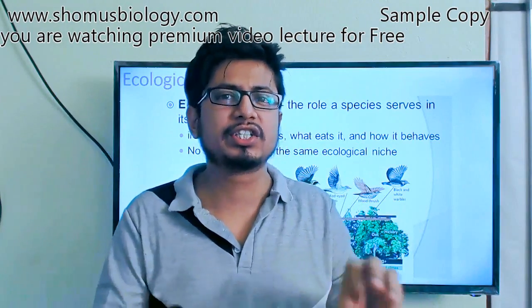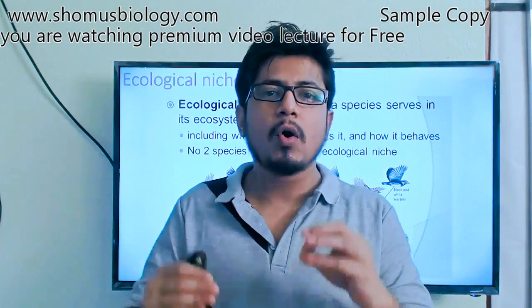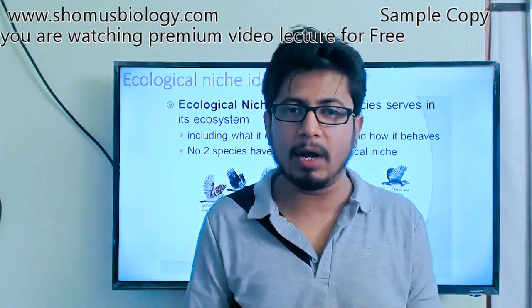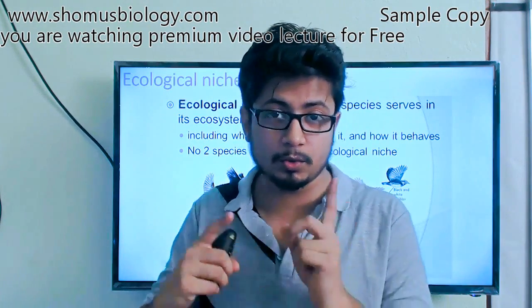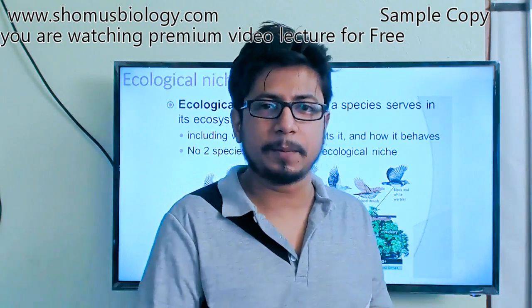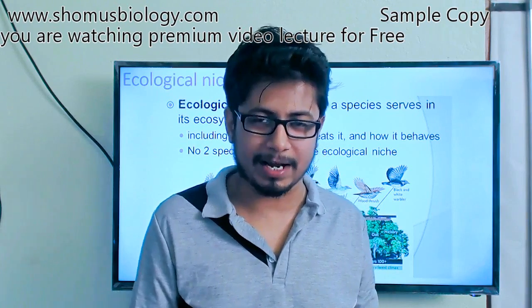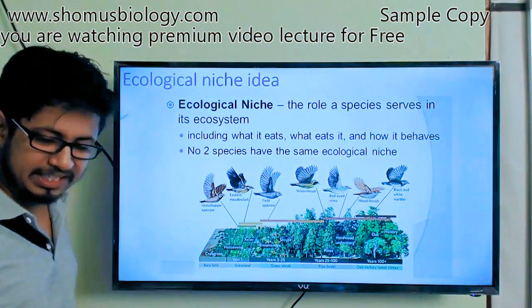Whenever there is niche competition, we call it a niche duel. In that niche duel, only one species can win and one will lose. The species which wins will continue to reproduce and evolve. The species that loses is gone from the environment. That's the idea of niche competition.